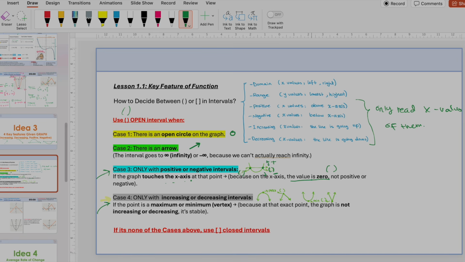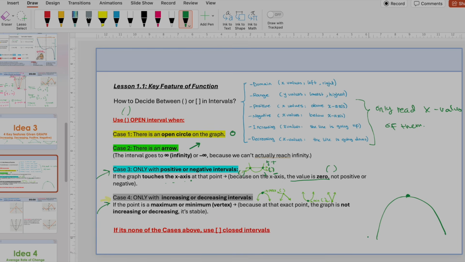Okay? We have another special case for increasing, decreasing intervals. So sometimes when you are describing your function, you will say that it's increasing from here to here. Once you reach this point, and it's a maximum point or maybe a minimum point, this point is not increasing, not decreasing, it's temporarily stable.